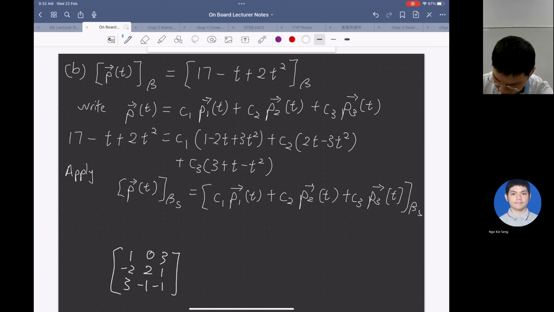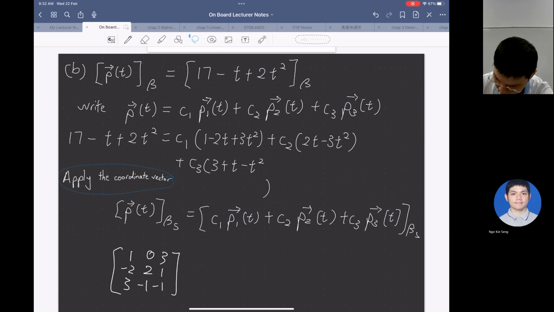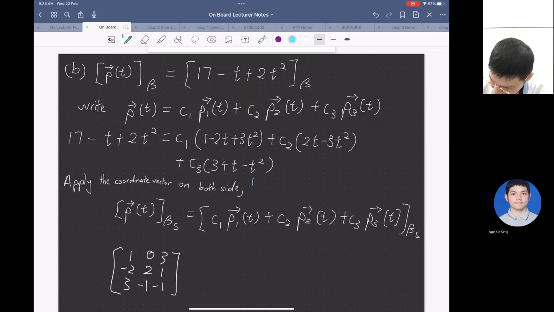Apply the coordinate vector on both sides. Why can I do this? Because let me write down.